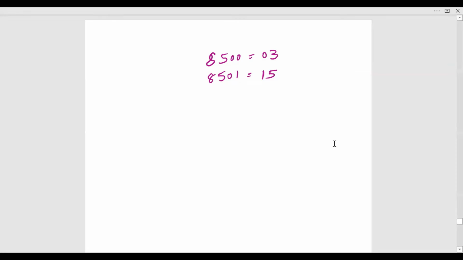So here, 3 is called the divisor and 15 is the dividend.